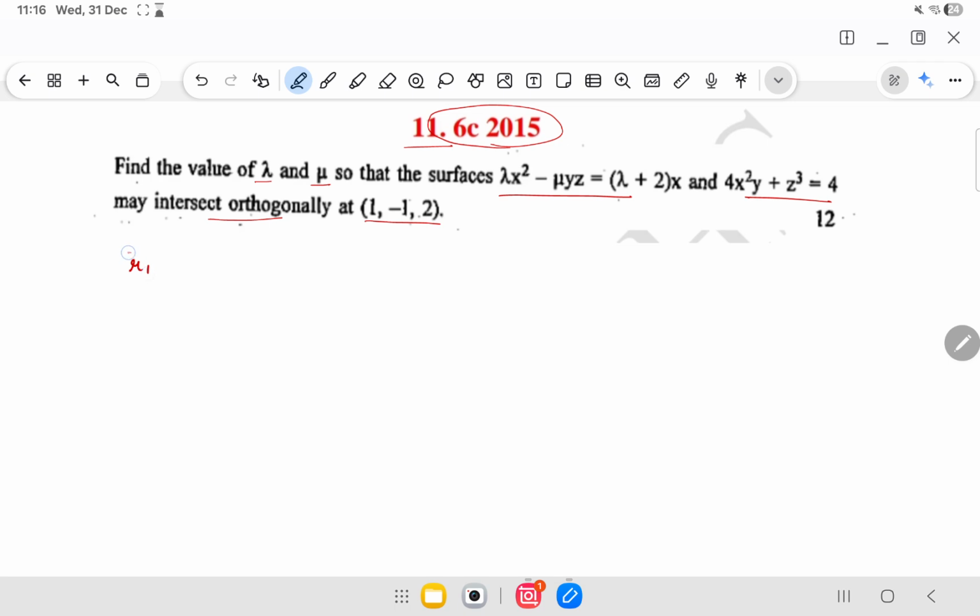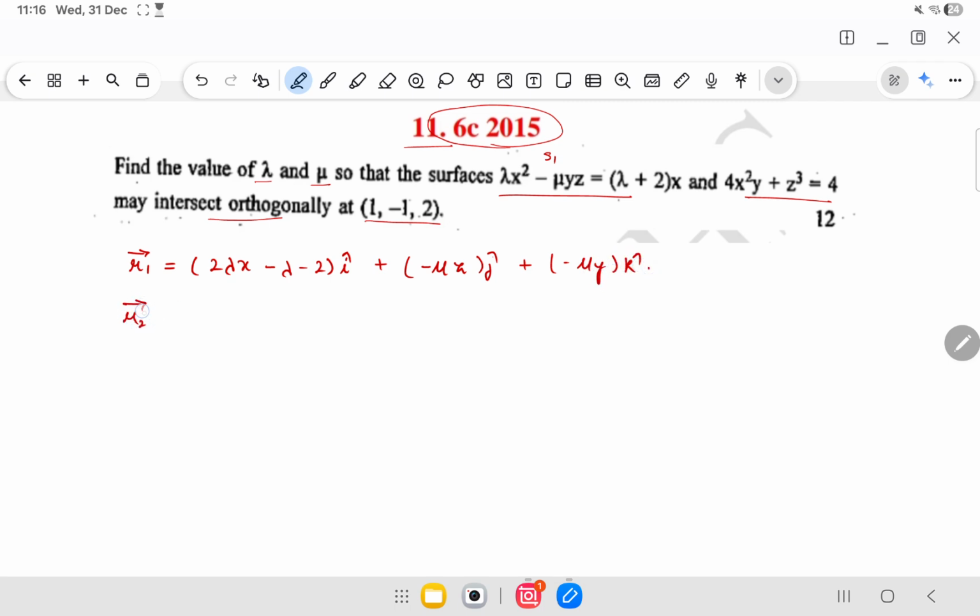If we denote, let's say, the r1 vector as the tangent for the surface S1, that will be equal to (2 lambda x minus lambda minus 2) i cap plus (minus mu z) j cap plus (minus mu y) k cap.